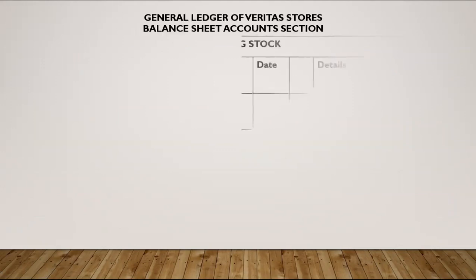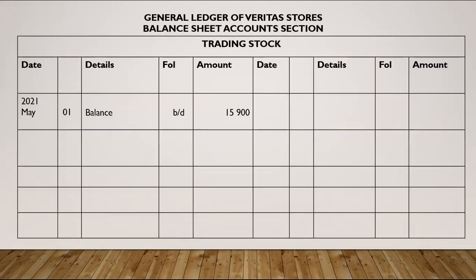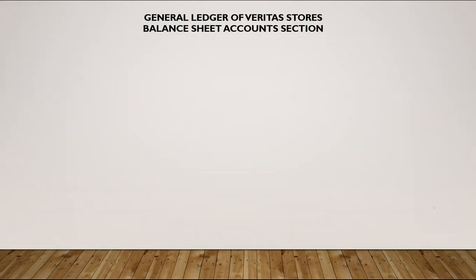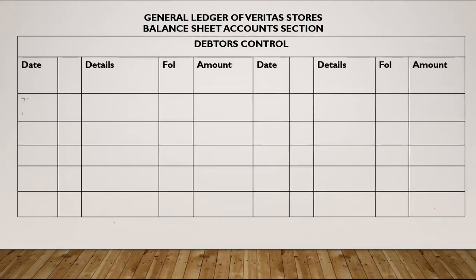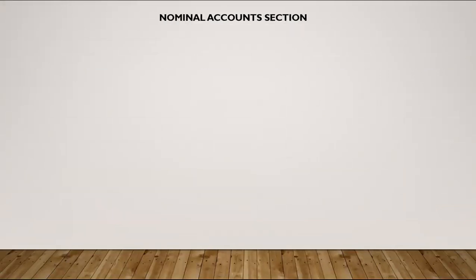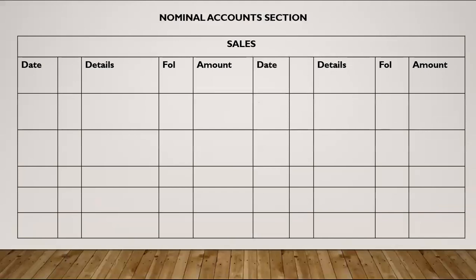Trading stock has this balance. Debtors control, well, you have to determine that. Well, it was given to you, I think. I think it was given to you, but I won't put it in there. Just need to write it there. And you'll have sales balance.